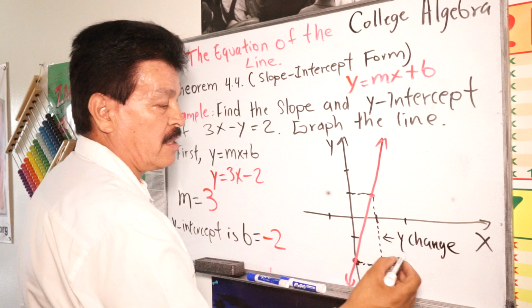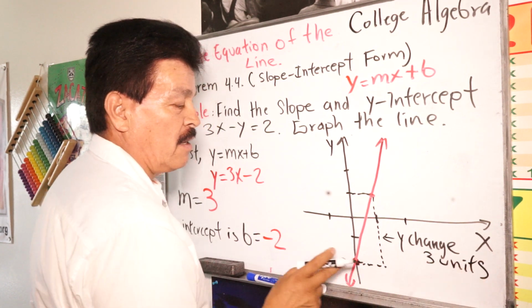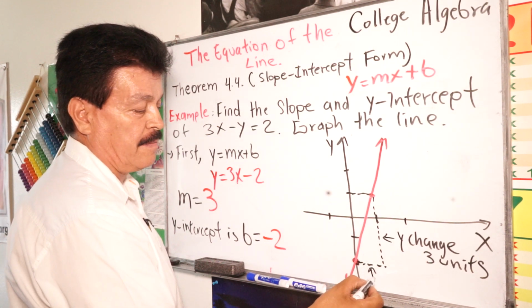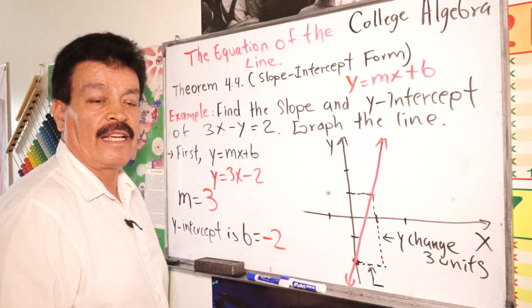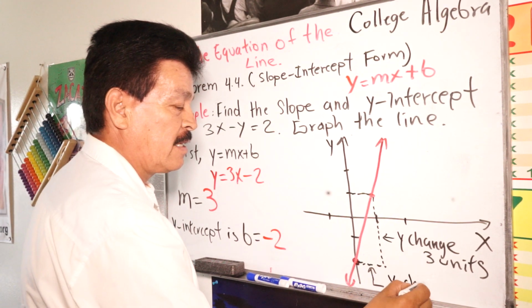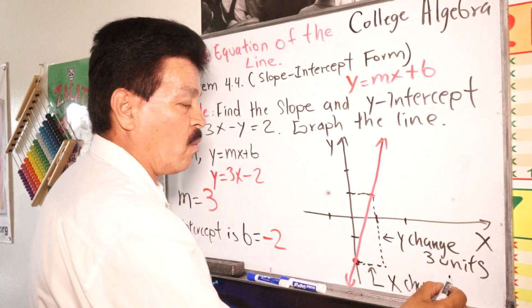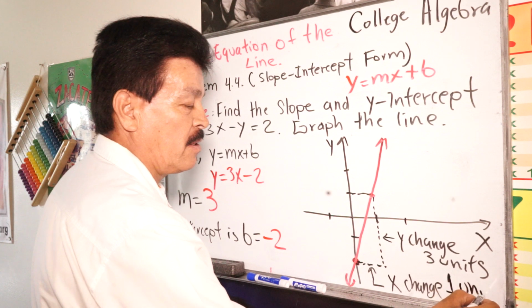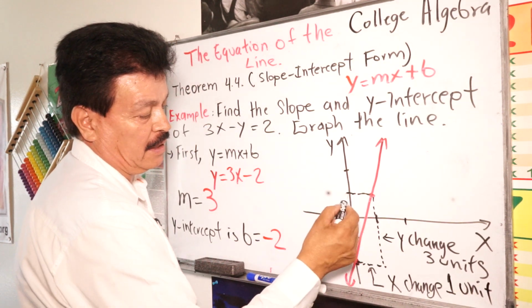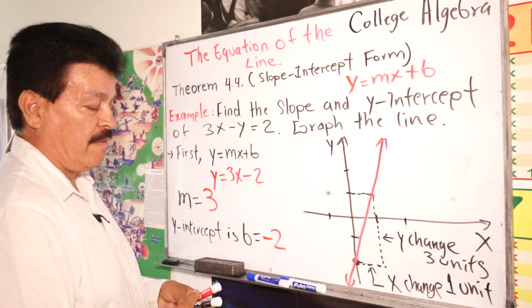How many units? 3 units. And these lines show the change in x. How many units? 1 unit. So change 1 unit right here, and here is 3 units.